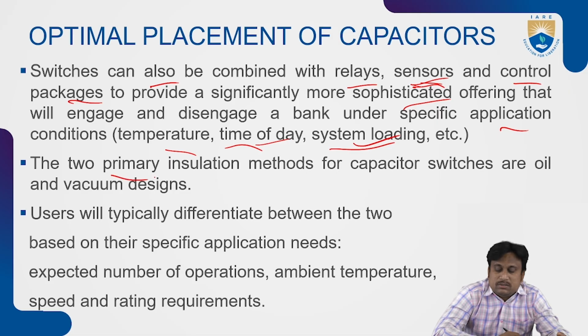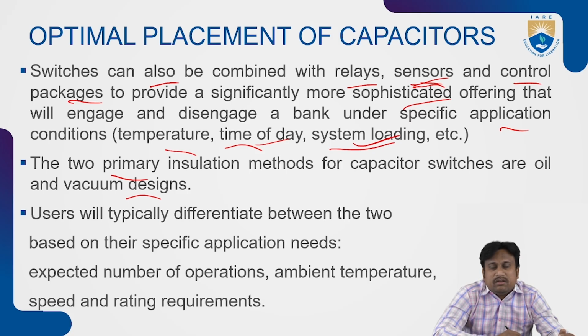Two primary insulation methods are provided for capacitor switches. They are oil and vacuum designs: oil type capacitors and vacuum type designs. In regular applications for fans, we usually use oil capacitors, paper capacitors and the like.